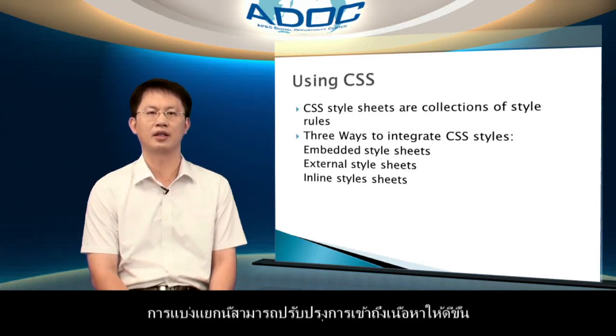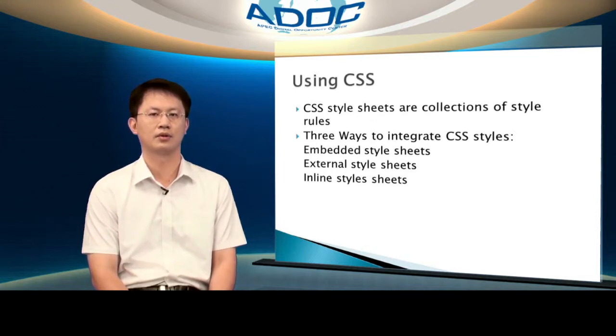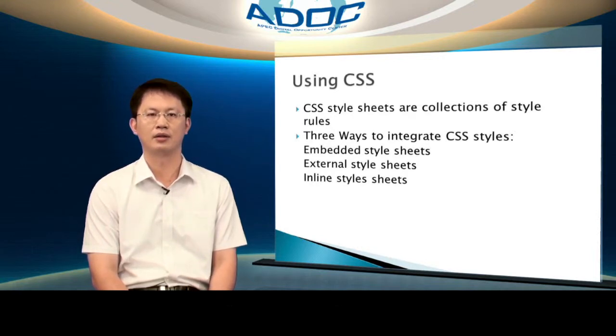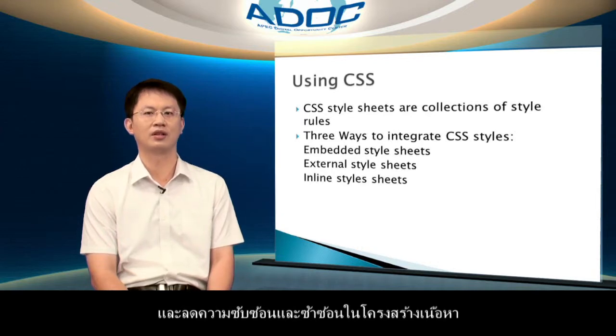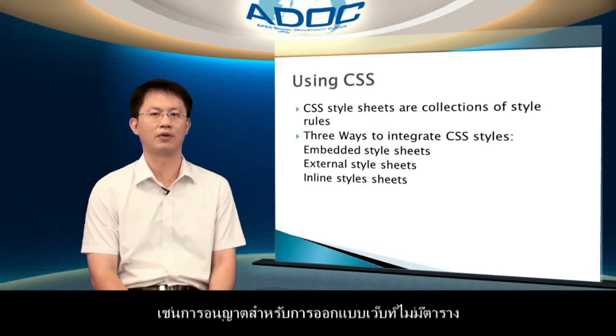This separation can improve content accessibility, provide more flexibility and control in the specification of presentation characteristics, enable multiple pages to share formatting, and reduce complexity and repetition in the structural content, such as by allowing for table-less web design.